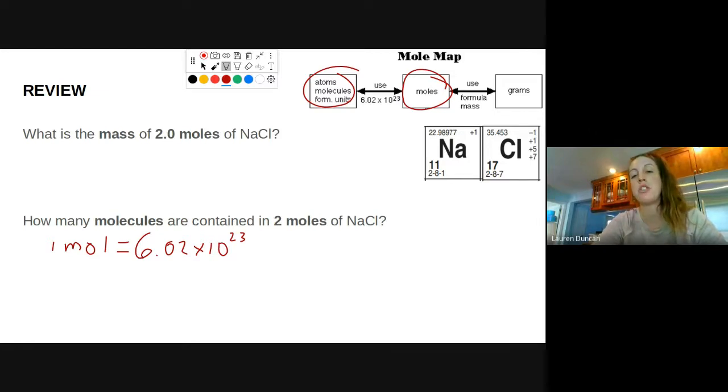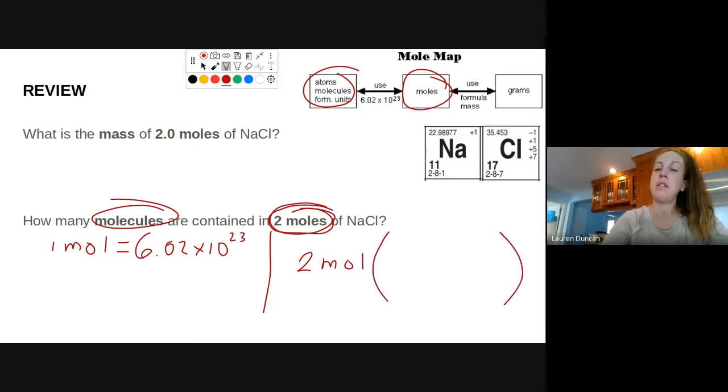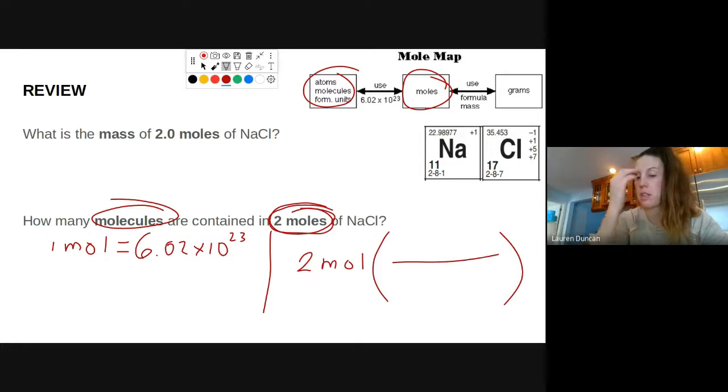So that's the relationship I would need to convert 2 moles of sodium chloride to the actual number of molecules in the sample. Some of us might realize we just need to multiply 2 times 6.02 times 10 to the 23rd. Go for it if you see it and you feel confident about it. But again, for a lot of us, I do recommend a dimensional analysis setup where you take the measurement you're asked to convert, in this case 2 moles. You would always put it on the outside of the parentheses of the fraction bar.